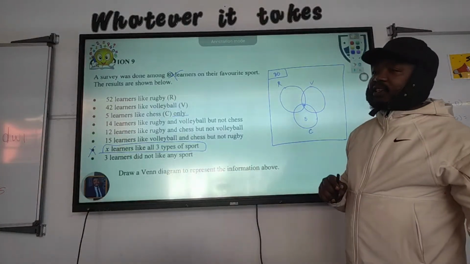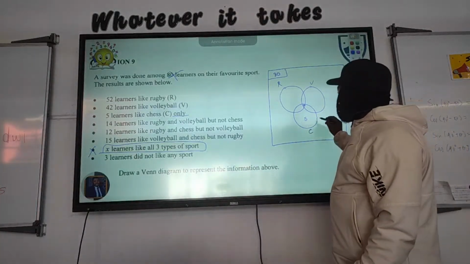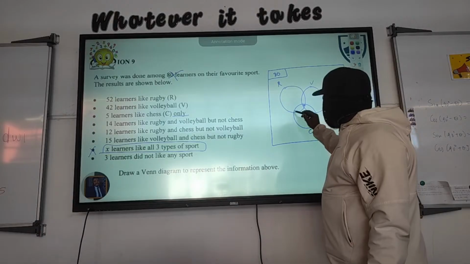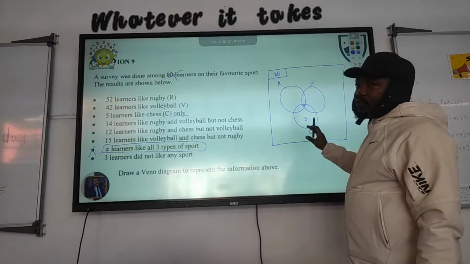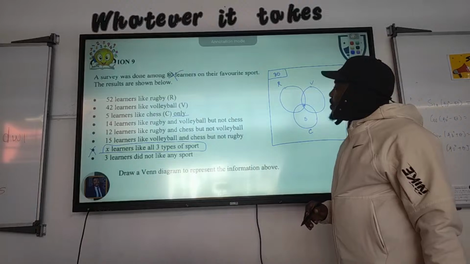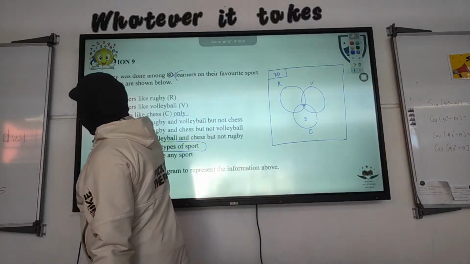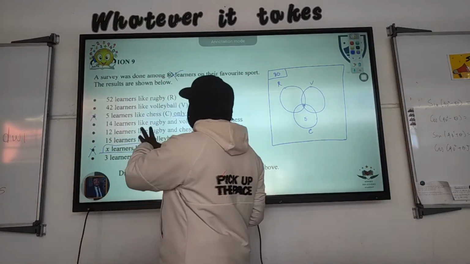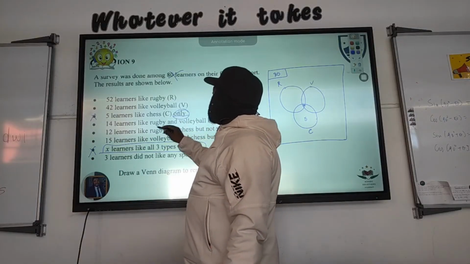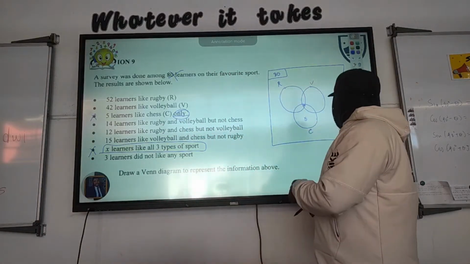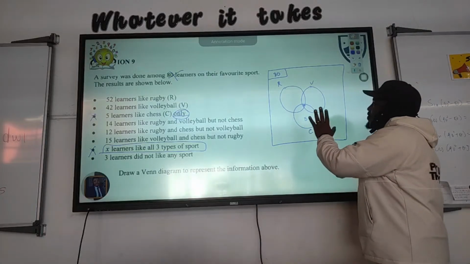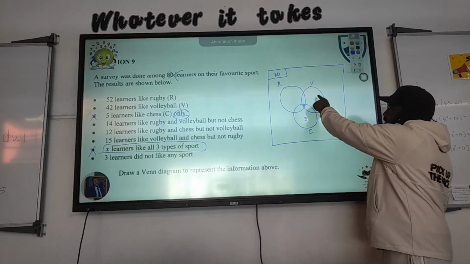They take chess only. So this number represents this part, not the intersection. So it's just 5. But I would like us to actually begin from the intersection. Just to explain "only": if they were to say 10 learners are taking volleyball only, then I can put 10 here.